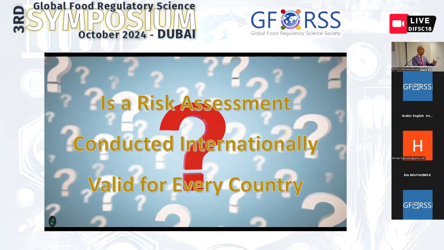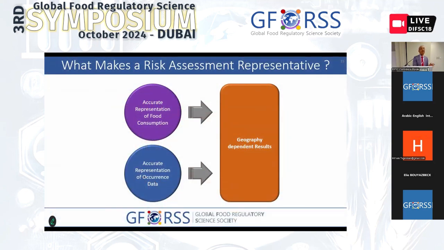So JMPR, JEMRA, etc. The question is, can I use all the information on this and can I basically copy paste a risk assessment? And the answer is, to a certain extent, it's not copying and pasting. It's rather understanding and adapting the risk assessment.